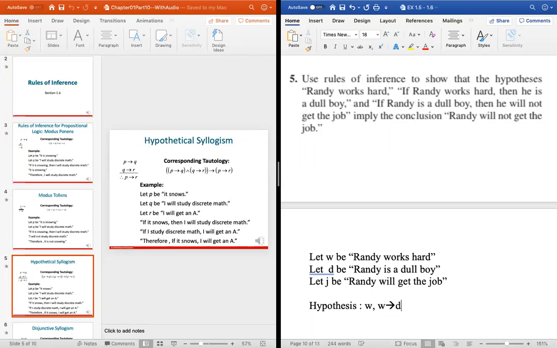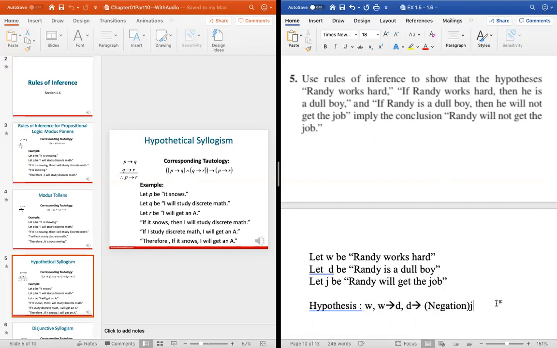So we say W implies D, and then we have D implies, with this negation sign here, negation of J. Okay. So these are the three hypotheses that we can find from these statements.